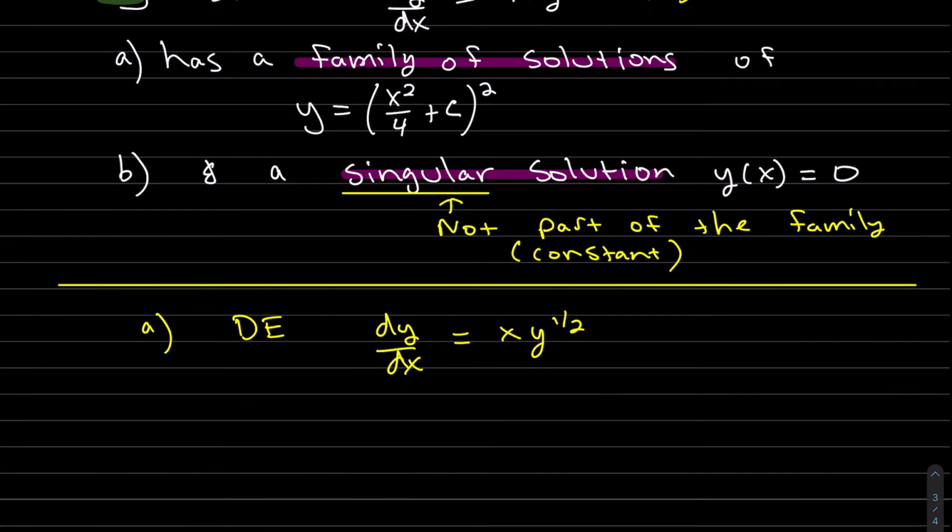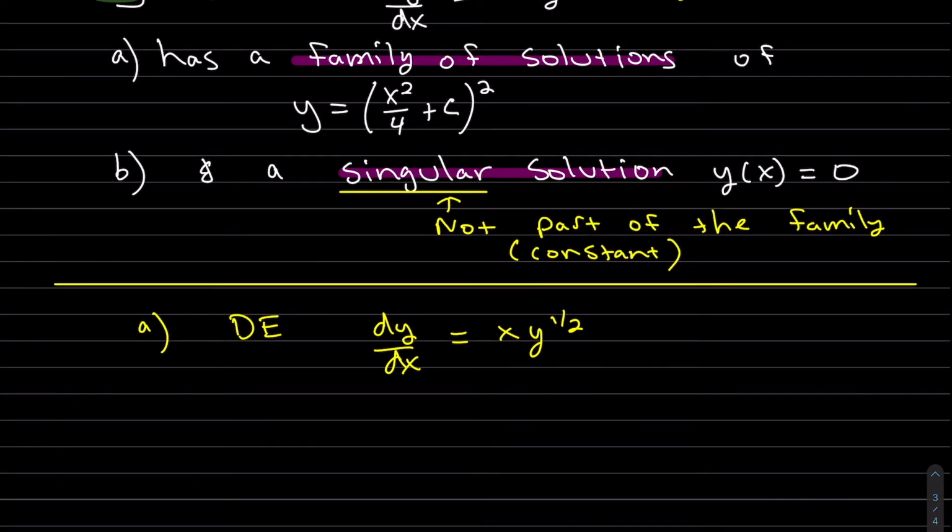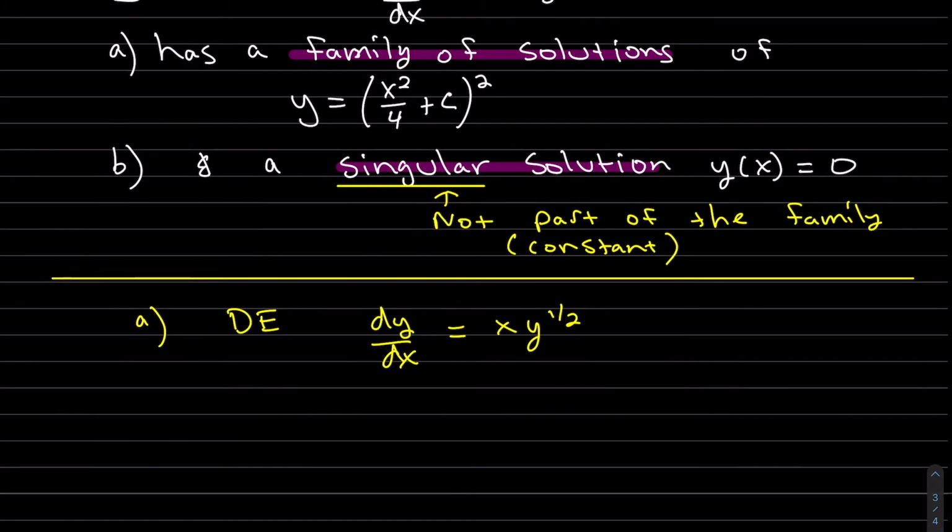and we want to show that that equation is our solution by plugging it in. So we can definitely plug in for y. Over on the right side, y is x squared over 4 plus c, quantity squared, but this is y to the half, so we need it to the half.